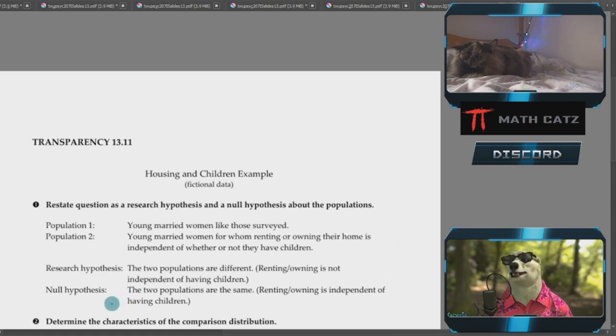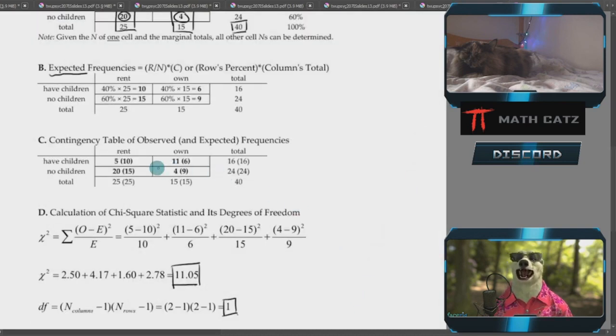So let's see what is the detailed hypothesis testing structure. Our null hypothesis is that the two populations are the same or independent, that one variable is independent from the other variable. And then, of course, the research hypothesis is that it's not independent. So we're assuming the null hypothesis is true, then we should get these expected numbers, compare that to what we observe.